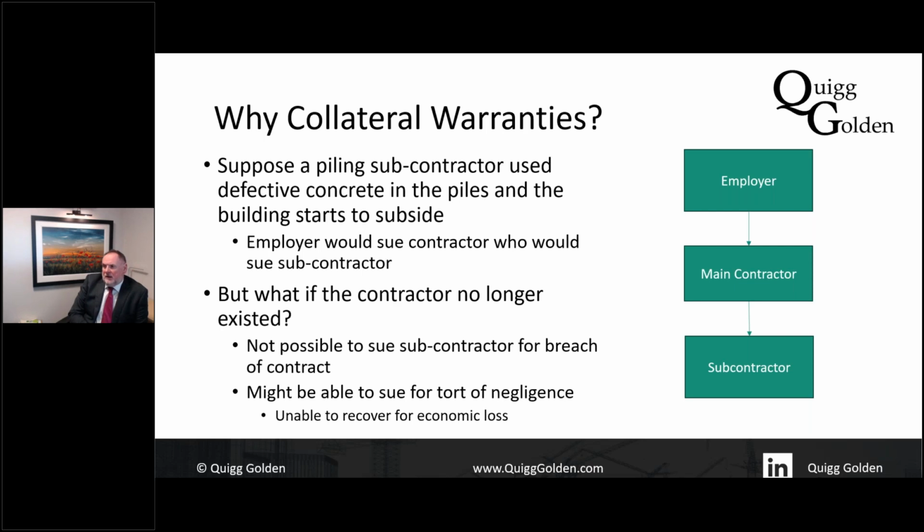In carrying out that work, let us suppose that the piling company used defective concrete, didn't use the right grade of concrete in the piles. As a result of that, several years later, the building started to subside. What would happen in that situation is that the employer who has the defective building would sue the main contractor for breach of contract, and the main contractor would in turn sue the subcontractor for breach of their subcontract.